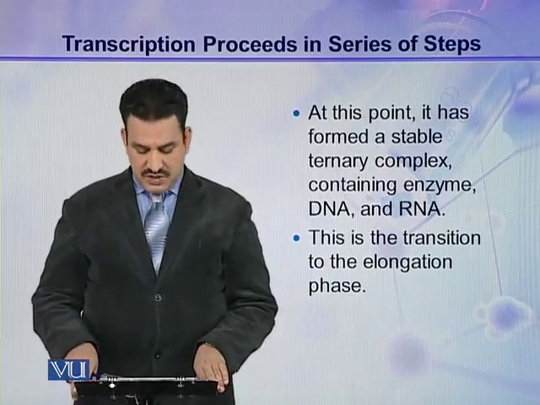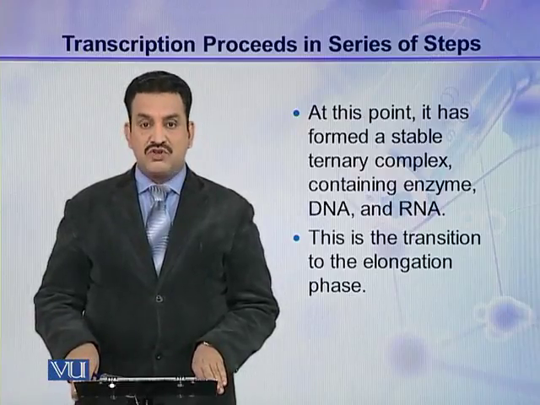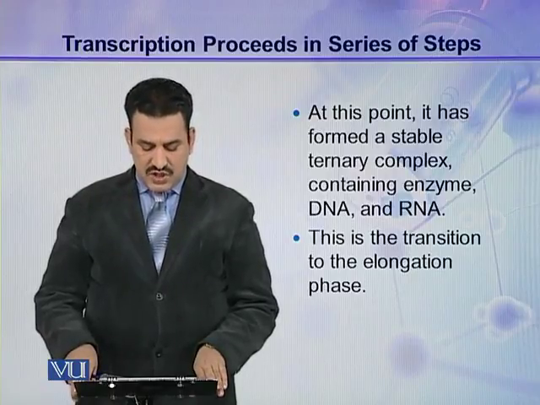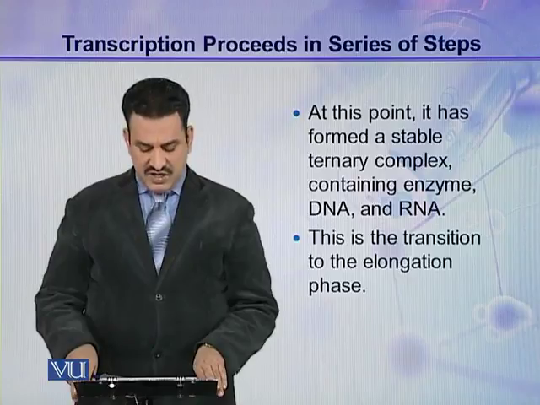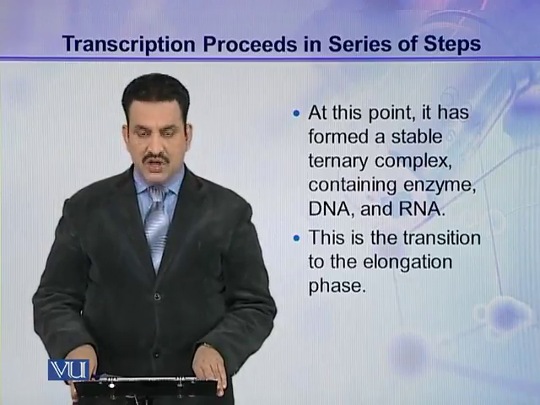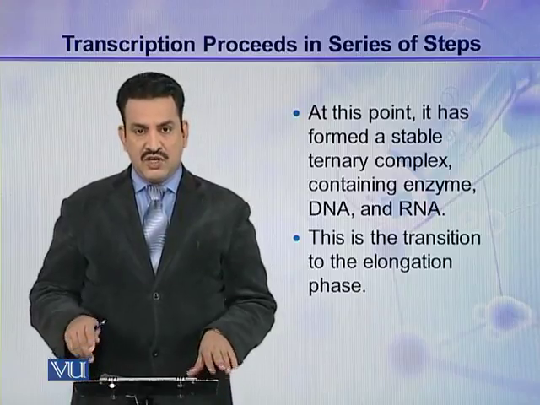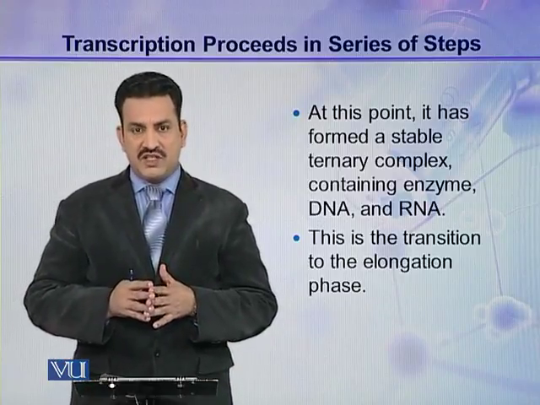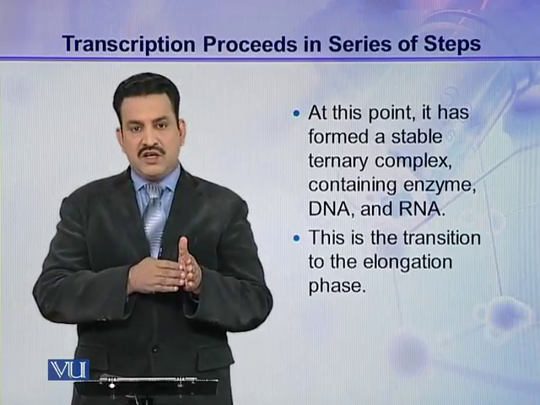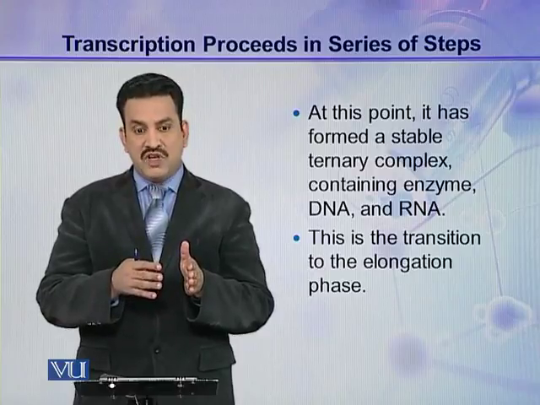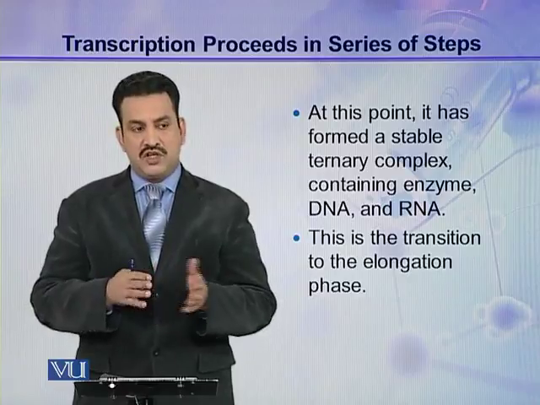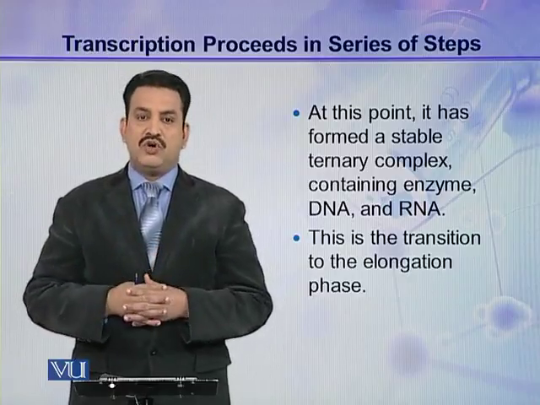At this point, it has formed a stable ternary complex, and this ternary complex includes enzyme, DNA, and RNA. This is the transition to the elongation phase. So the formation of this ternary complex is the end of the initiation phase, and as the actual transcription will start from here, it will then enter the elongation phase.